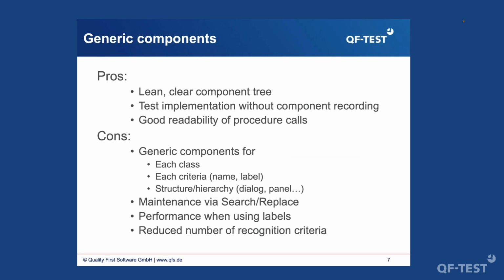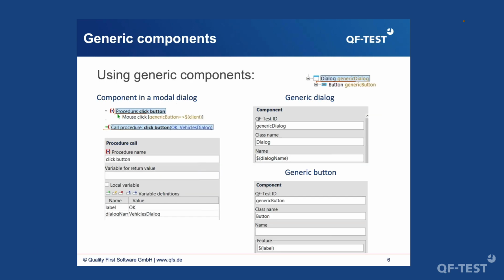Besides this, the cons are that you need to create generic components for each class. Like for a text field, you need another generic component than for a button or a combo box or whatever. And you need to create a generic component for each criteria. So the one we had here is just using a dynamic label.